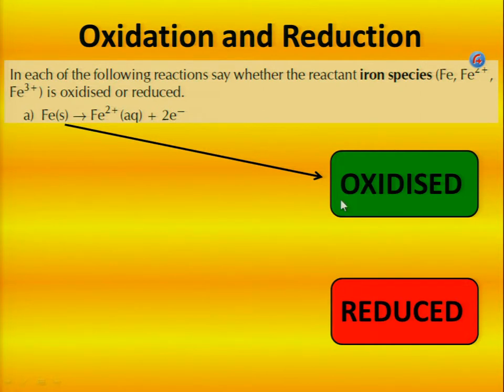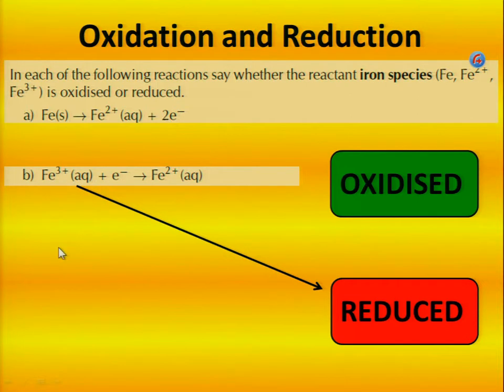The ion is oxidized. Let's look at another one. We have iron 3 plus going to iron 2 plus. Therefore, the charge on the ion is decreasing or reducing, and therefore we say that iron 3 plus is reduced.